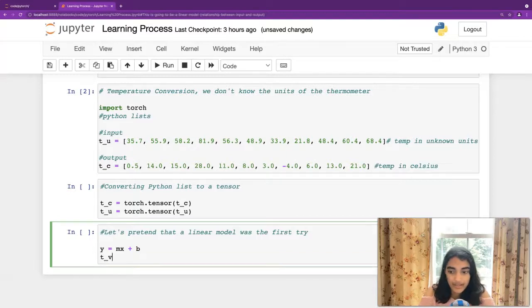M is our slope. M is just M. X is TU. And B is just B. And we actually have special names for M and B in machine learning. We would call them parameters.